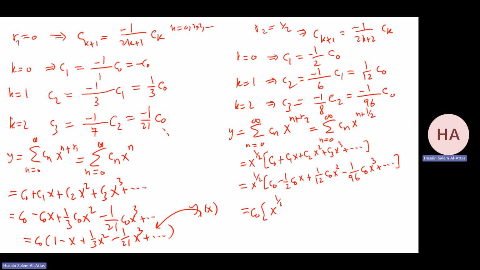So I have x to the power half times what? 1 minus half x plus 1 over 12 x squared, minus x cubed over 96. Well, now this is my second solution.